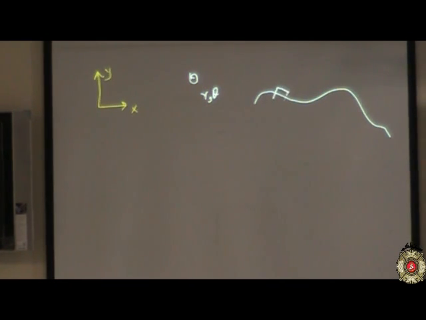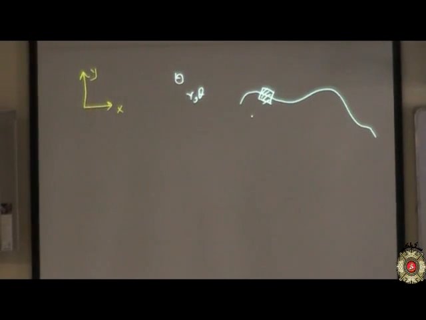So if this is the particle, and this line is drawn from the velocity tangent vectors, we call this path S, the streamline. So one coordinate is S, and the other coordinate is the normal to this, which is N. So this direction is S, and the other direction is N.